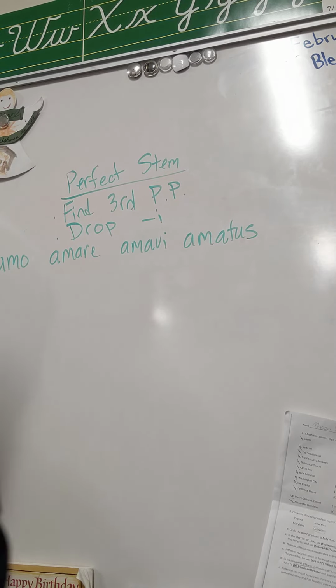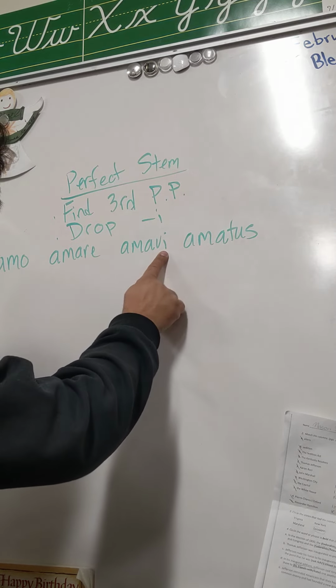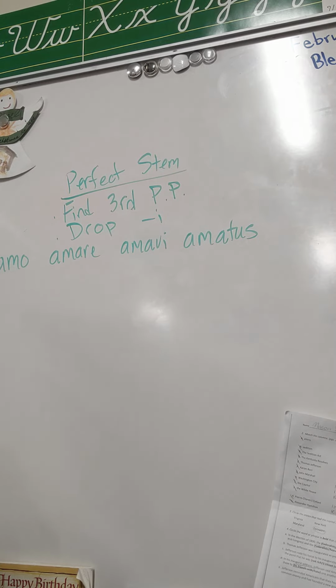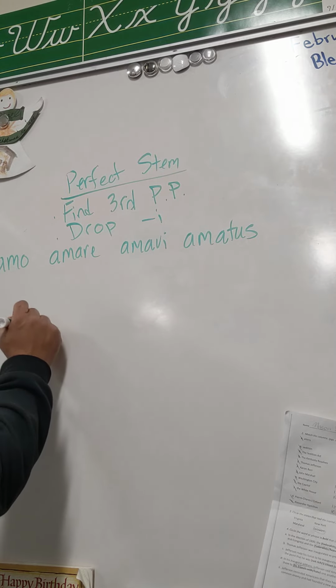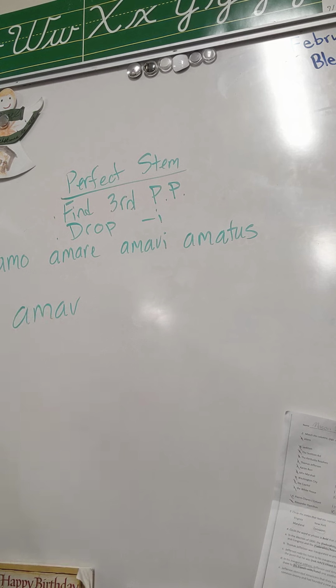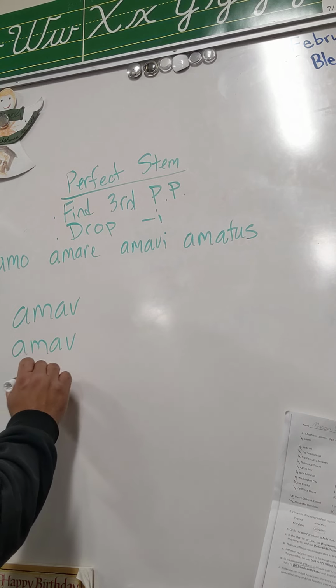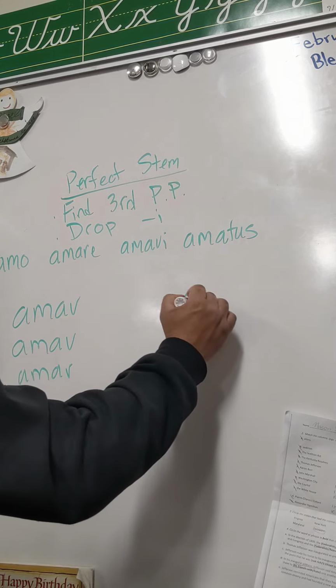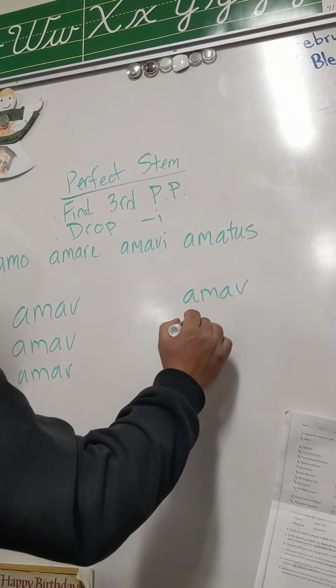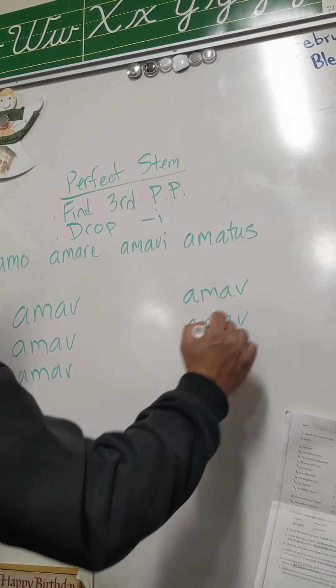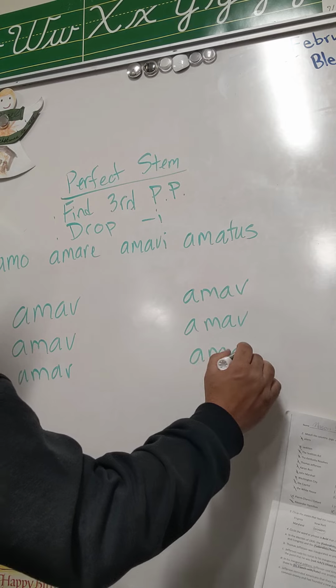So for amavi, I drop the i, and I have amav. And that is my perfect stem. Now to conjugate into the perfect tense, I use amav three times for the singular column and three times for the plural column.